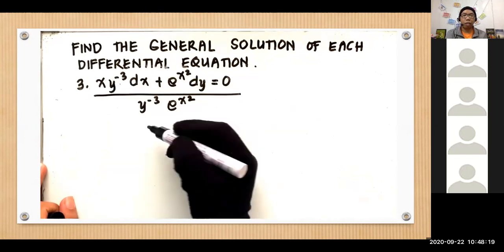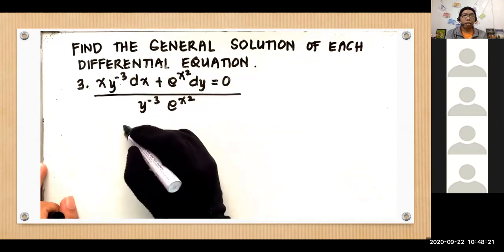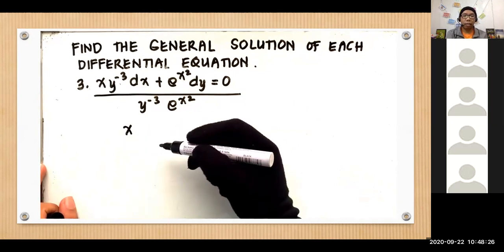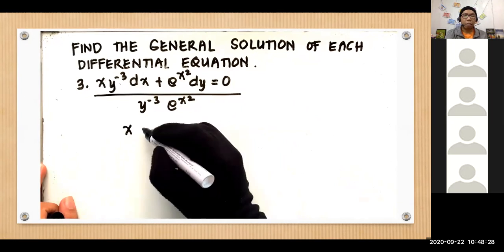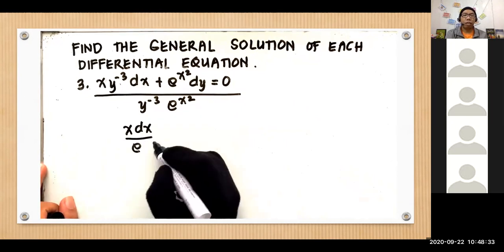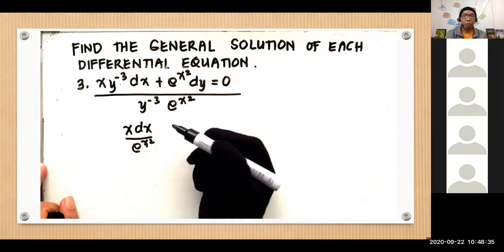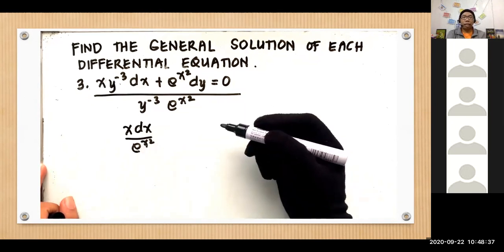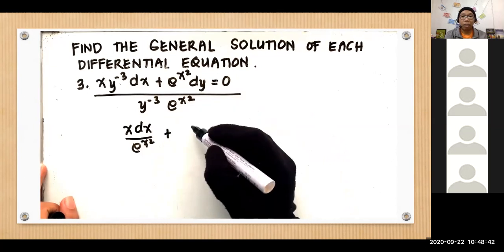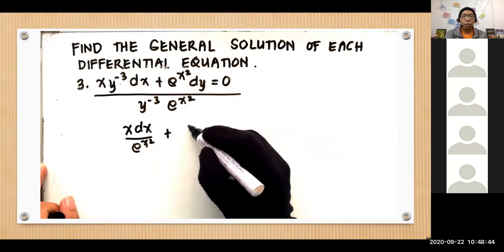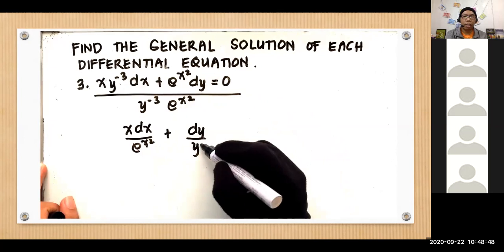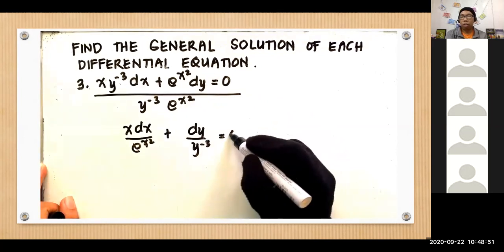So, by doing that, we now have sa first term, tanggal na yung y raised to negative 3, kaya meron kang x na matitira dyan times dx over e raised to x squared. Ayan, pure function of x na yan. For the second term naman, tatanggalin natin yung e raised to x squared, kaya nag-divide tayo ng e raised to x squared, right? So, ang matitira dyan is you have dy over y raised to negative 3 equal to 0.